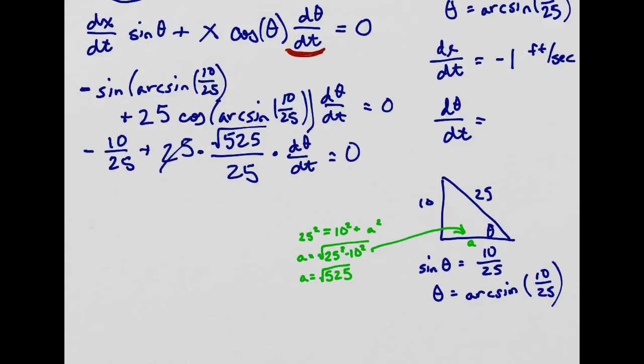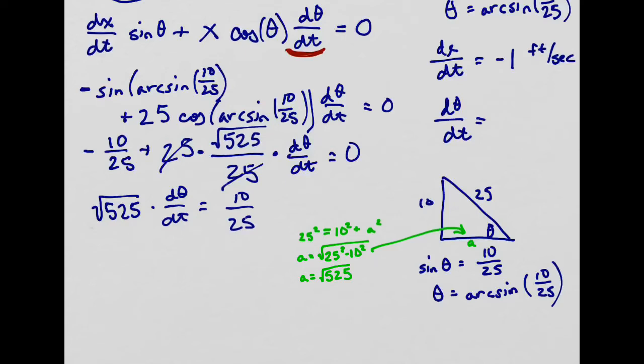Here, the 25s are going to cancel. And so you end up with, I'm going to add the negative 10 over 25 to the other side, and so you get root 525 times d theta dt is equal to 10 over 25.